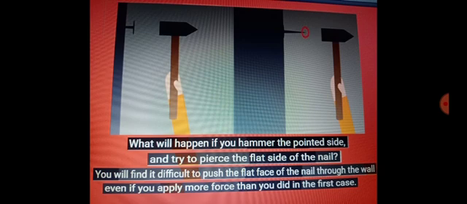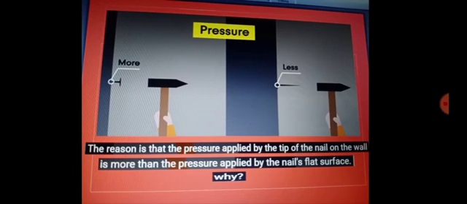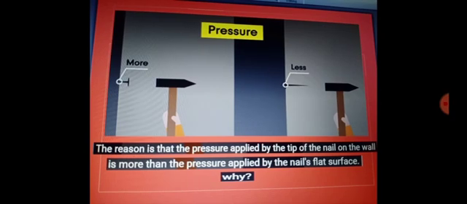You will find it difficult to push the flat face of the nail through the wall, even if you apply more force than you did in the first case. The reason is that the pressure applied by the tip of the nail on the wall is more than the pressure applied by the nail's flat surface.